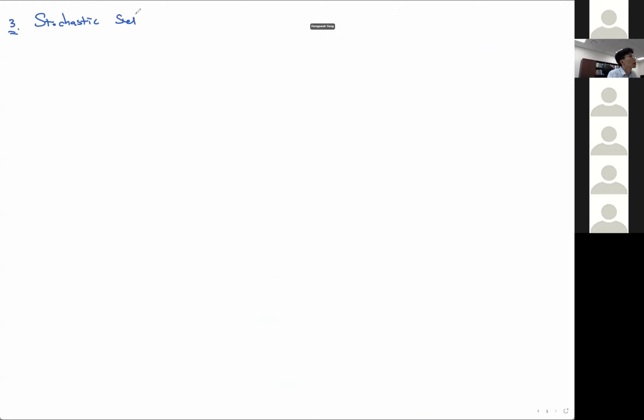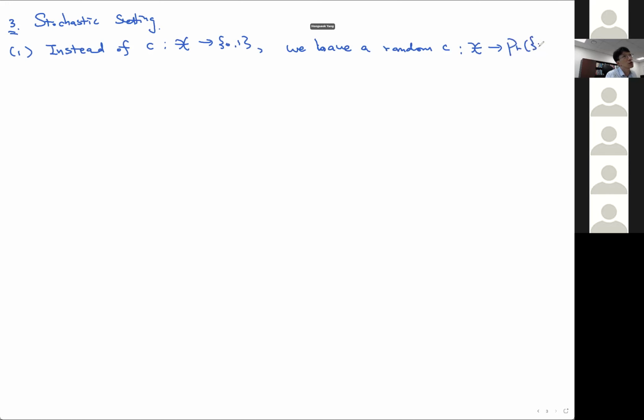So instead of deterministic C, which is a function from input to 0 and 1, we have random C. Which means that it's a function which takes X, and then you return, mathematically, a probability distribution on 0 and 1.